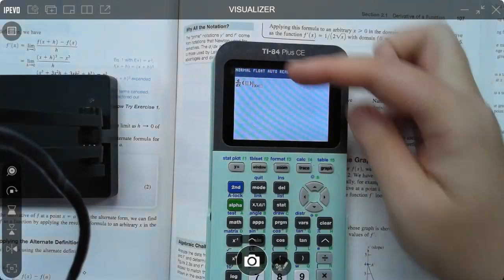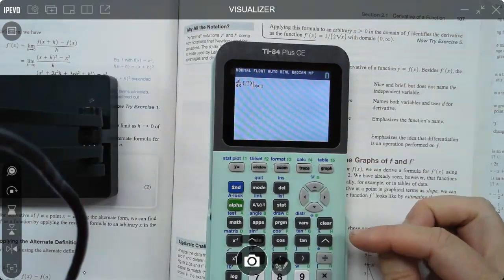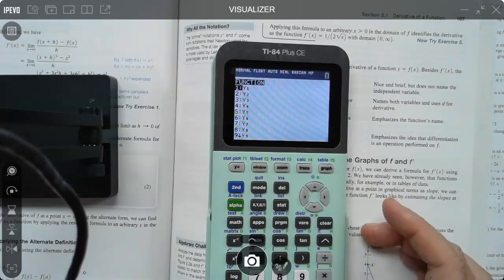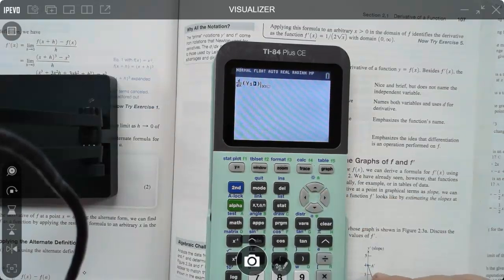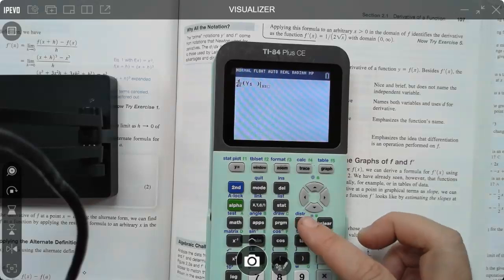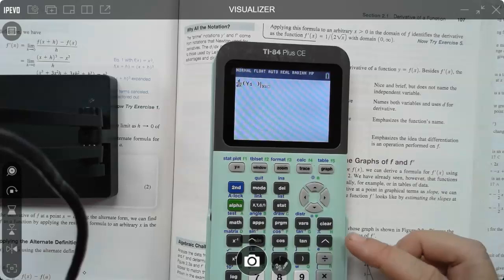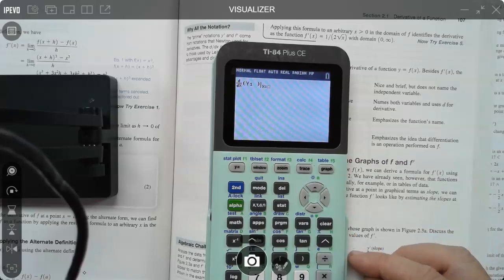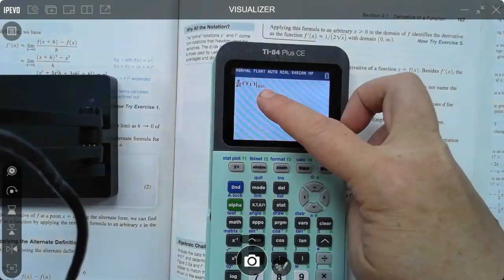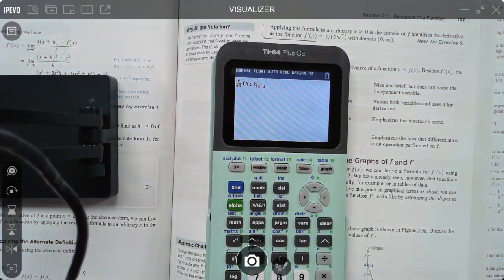In parentheses, you're going to pull up your same variable. You're going to go vars over to Y-vars, enter, variables. Then scroll over, x equals, what do I want x to equal? 1.